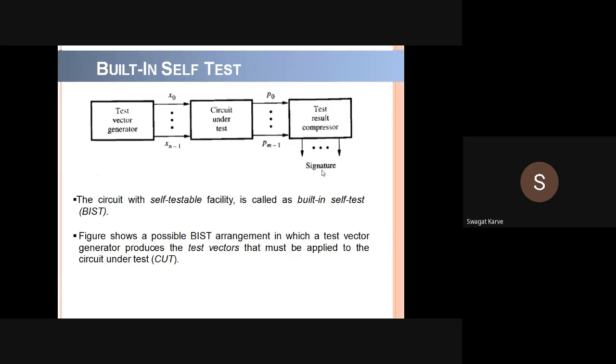You need not take care of testability and observability in the design phase. But to achieve that advantage, you have to design and use some extra hardware, and that is the disadvantage.